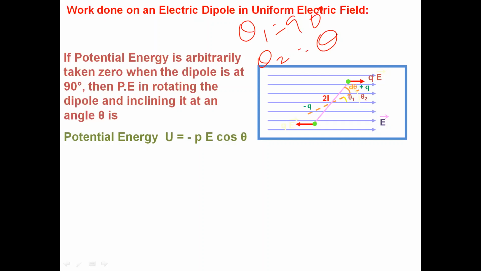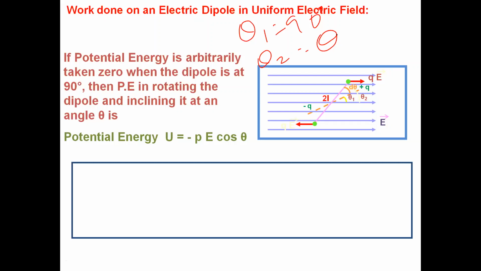So cos theta 2 minus cos theta 1, isn't it? So it becomes U is equal to minus PE cos theta. This is the expression for potential energy of an electric dipole when it is placed inside a uniform electric field. Potential energy is same as the work done itself, right?